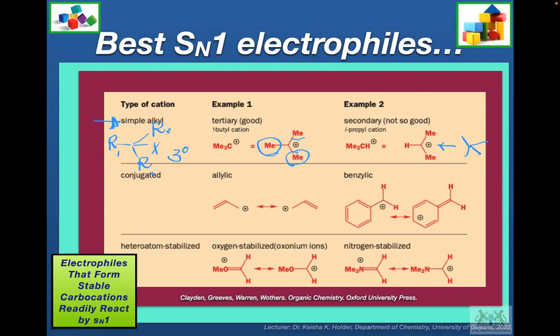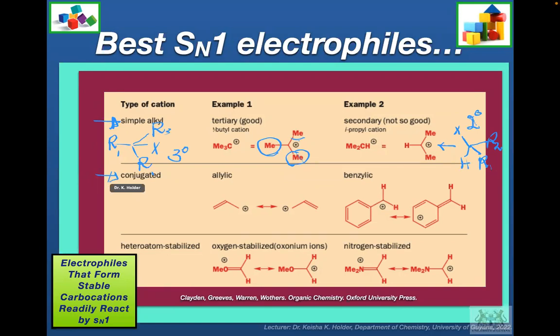So here we have a precursor that would come in the form of H, R1, R2. Not as stable. Secondary substituted.